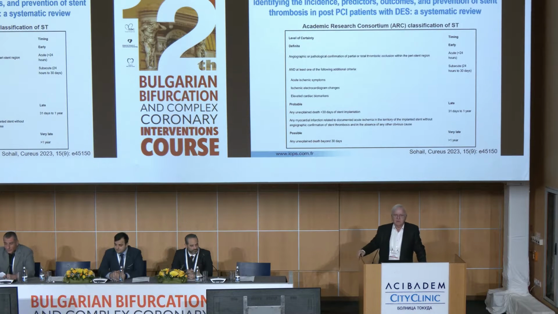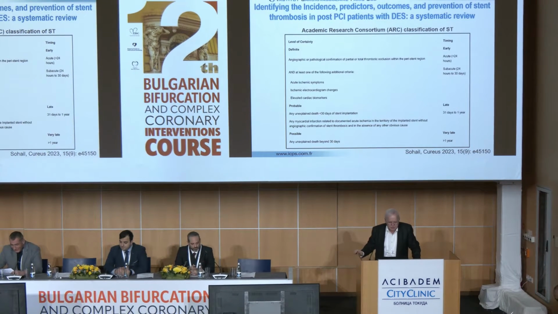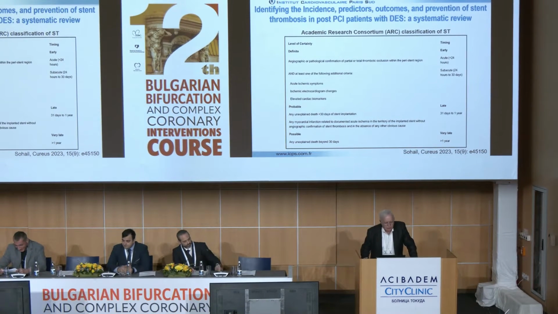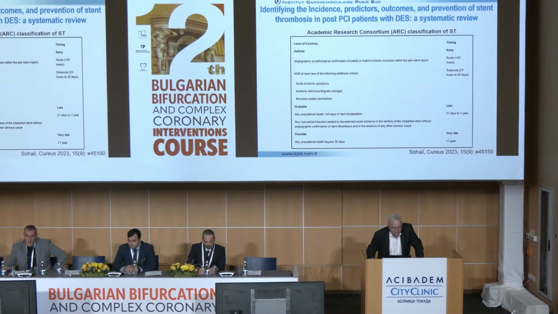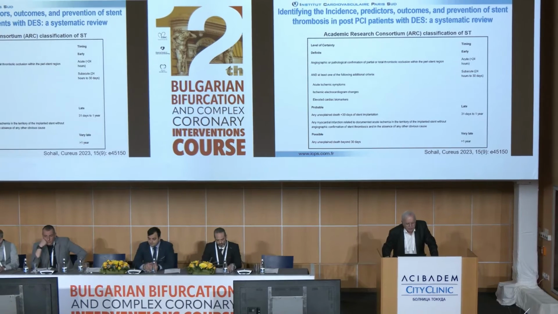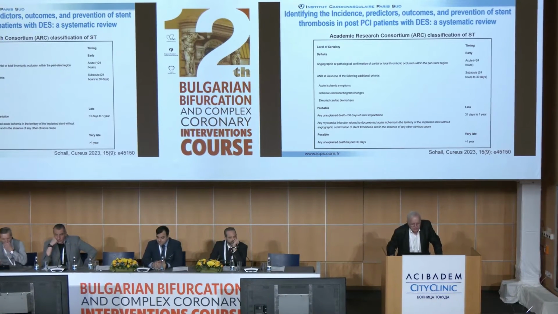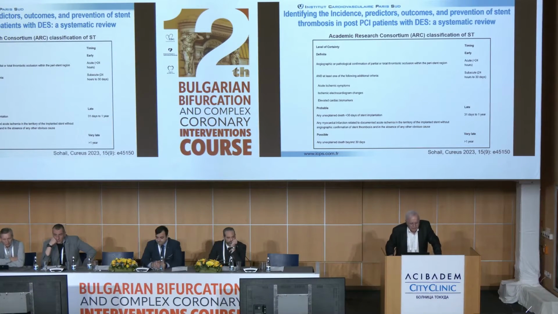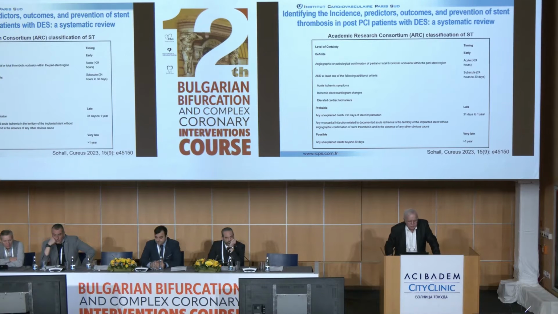definite for stent thrombosis if you have a coronary angiography or an autopsy, and if for coronary angiography, it's added some clinical and paraclinical event like biomarker elevation, ischemic electrocardiogram change, and acute ischemic symptoms.